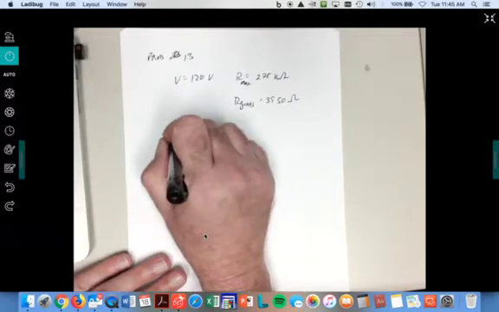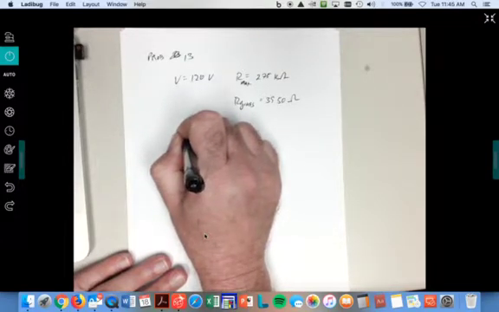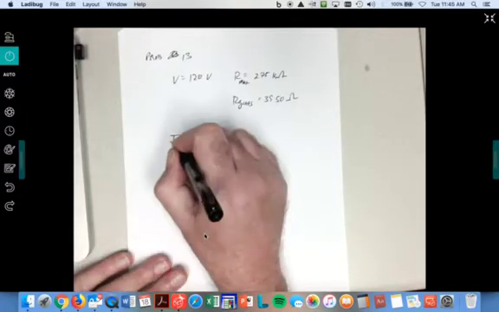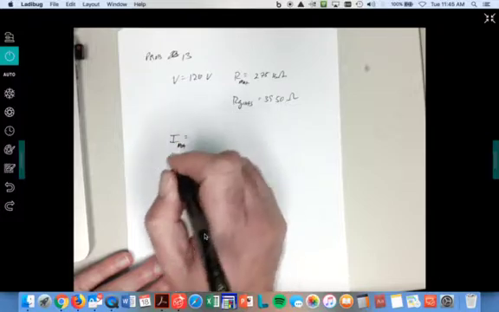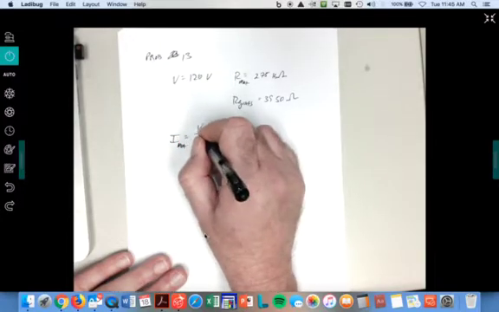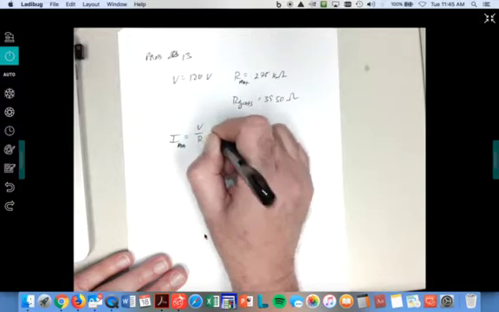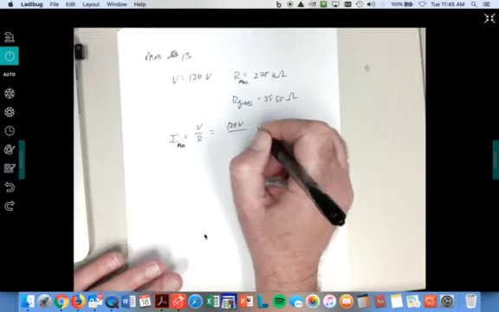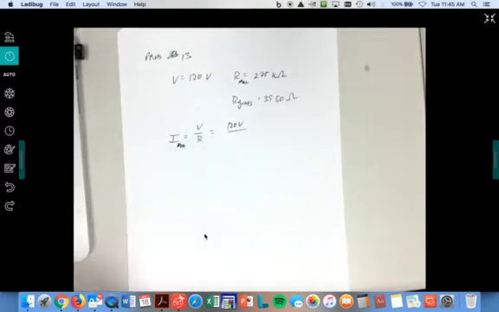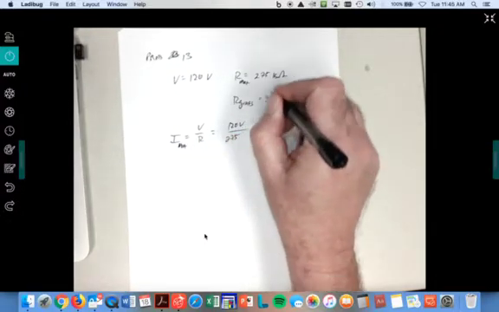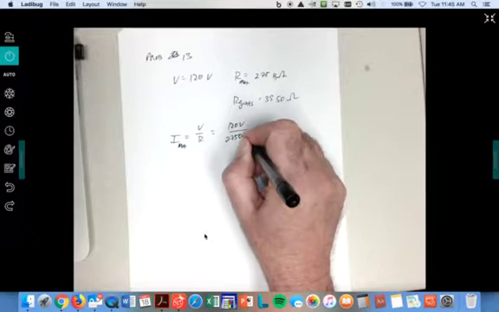So I is equal to, and I'm going to go back to that page from your book. All right, so I for the mat: V equals I times R, so I is V over R. Now you've got to be careful. So you've got 120 volts divided by 275,000 ohms.